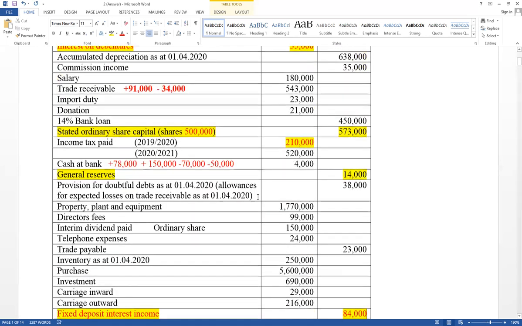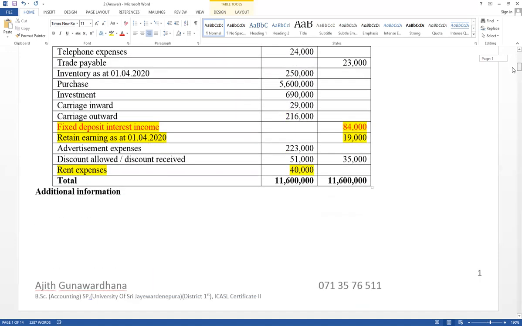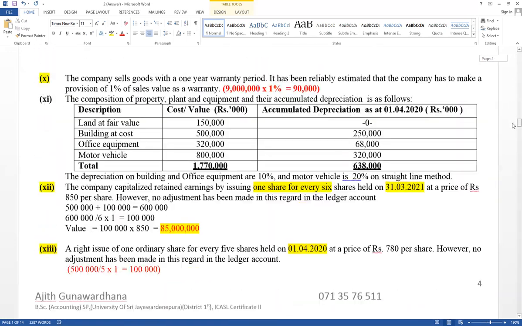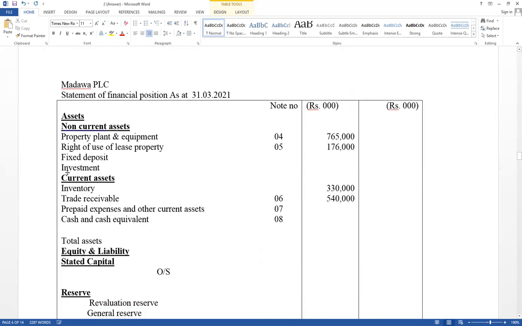First, the fixed deposit of 600,000 should be included under non-current assets. After that, you have to calculate FD interest income at 20% based on this value under other income. Then the trial balance has given the received amount, and the difference value is receivable. Therefore, first, under non-current assets as fixed deposits, the percentage is 20%, value equals 600,000.